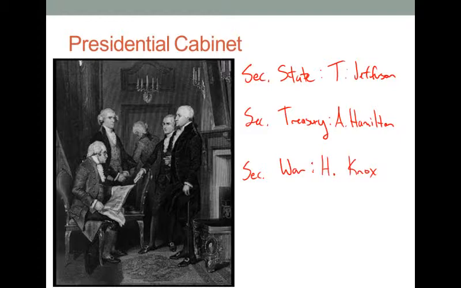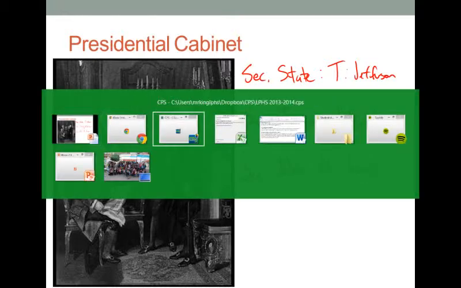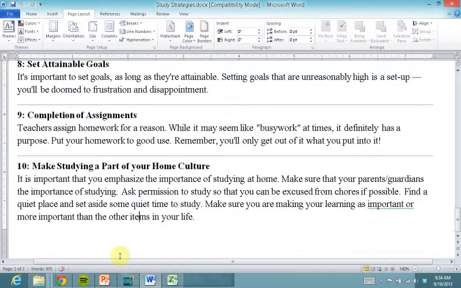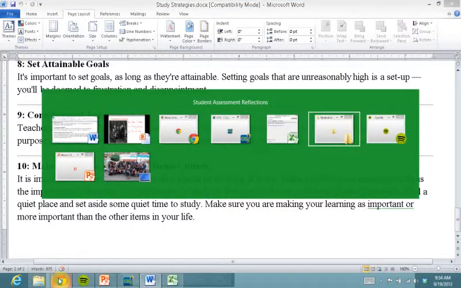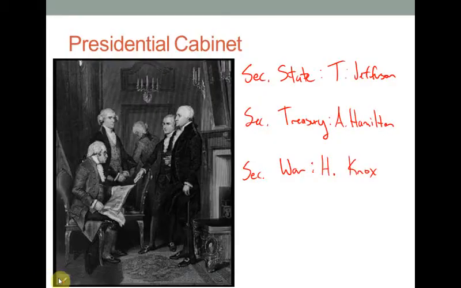So what I want you to do right now is look at the list of presidential powers I passed out. On the side that says excerpts from Article 2 of the U.S. Constitution, I want you to tell me where it says here that the president has the power to make a cabinet.